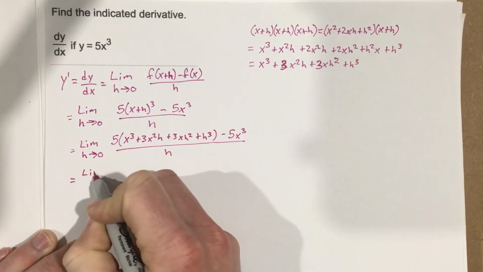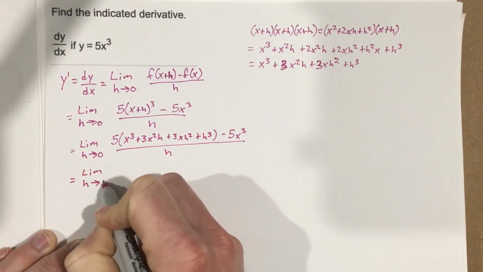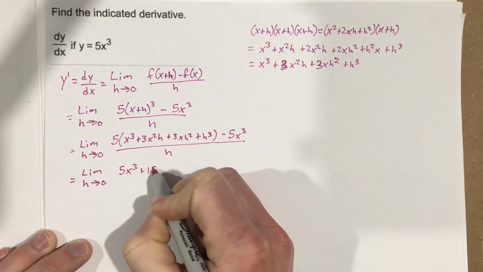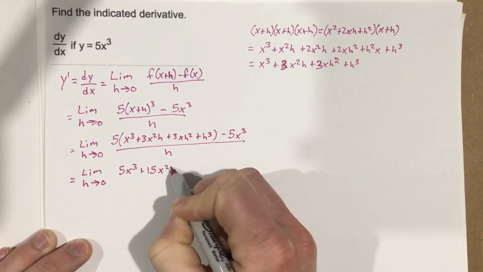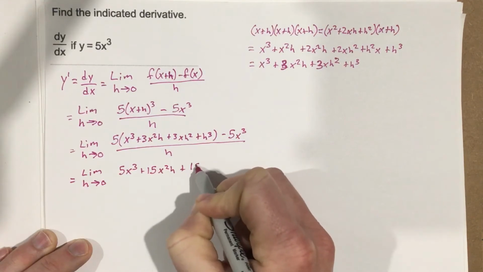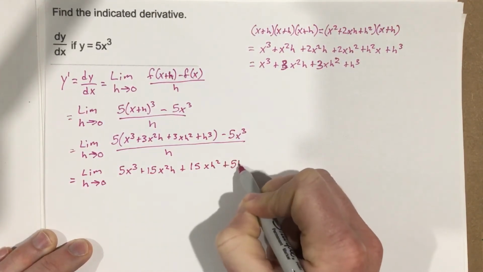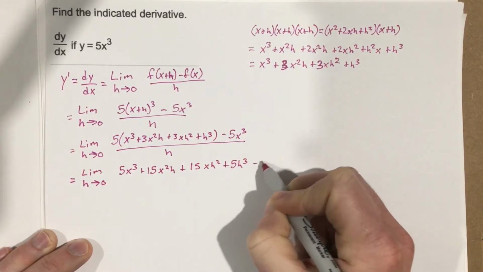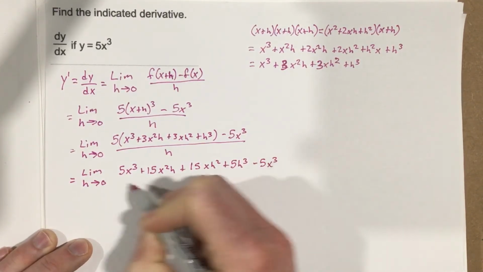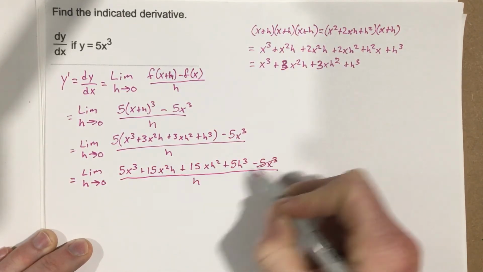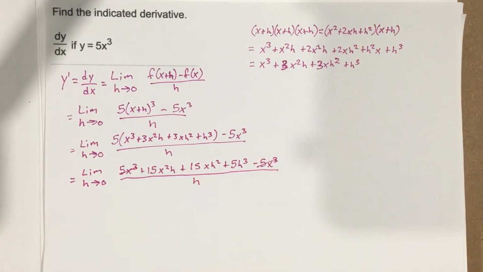So it's going to be the limit as h approaches 0 of 5x cubed plus 15x squared h plus 15xh squared plus 5h cubed minus 5x cubed all over h. Negative 5x cubed and 5x cubed cancel.